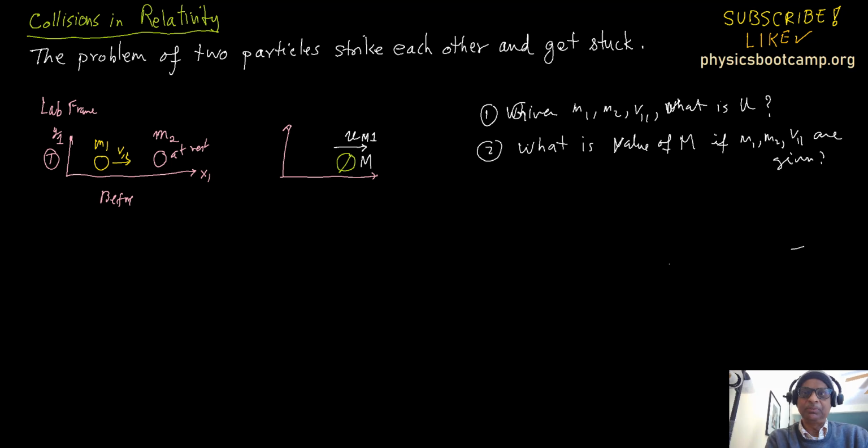So let's see if I were to do it non-relativistically, like the old ways. What are we going to do? Well, momentum conservation along the x-axis. So we have M1 V1.